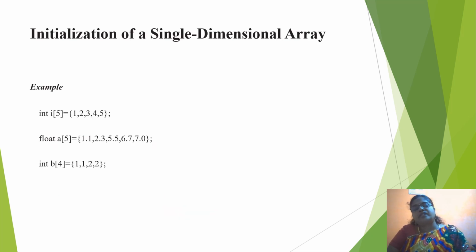From this, int i of size 5 contains 5 integer elements, float a of 5 contains 5 float elements, int b of 4 contains 4 integer elements.